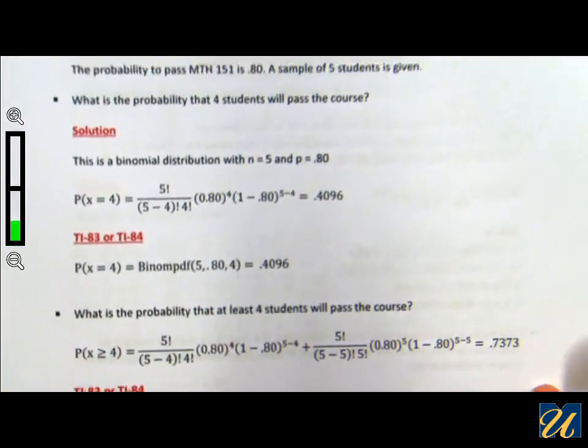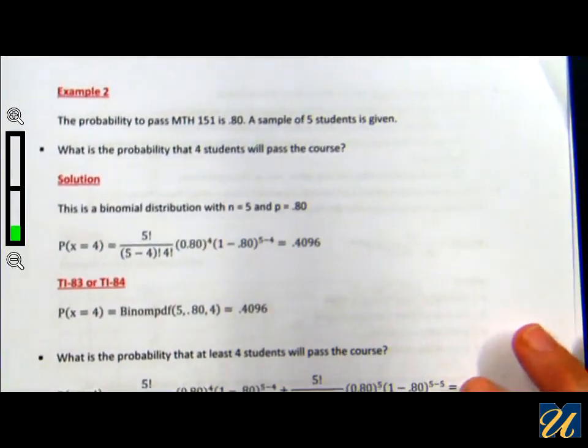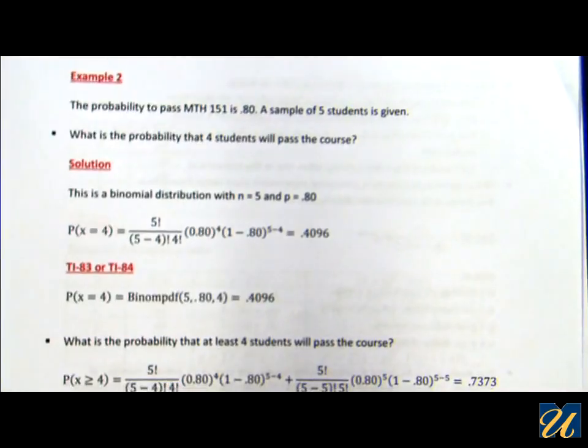Now, let's look at this example. The probability to pass Math 151 is 0.8. A sample of 5 students is given. What is the probability that 4 students will pass the course?